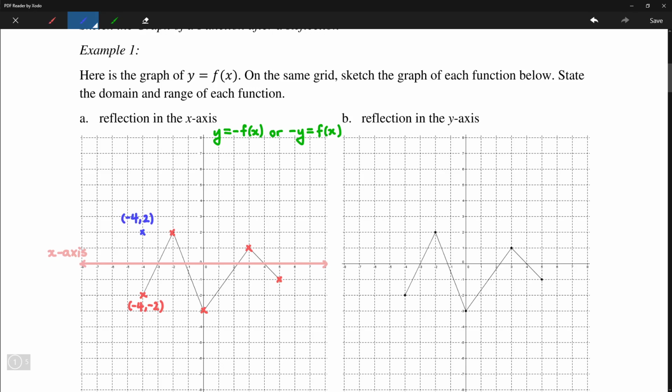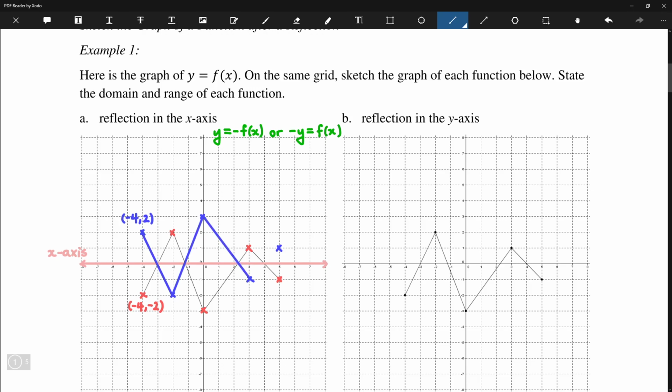And we do the same thing for the rest of the graph. So 1, 2, 3, 4, and 5 points. And then we can connect the points together to form a graph.